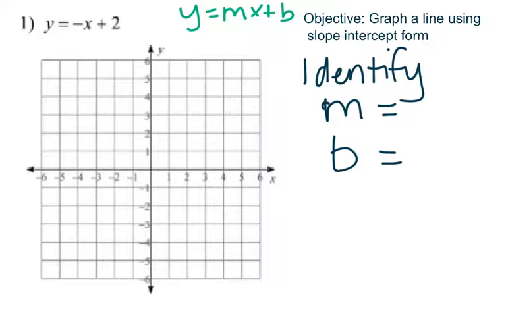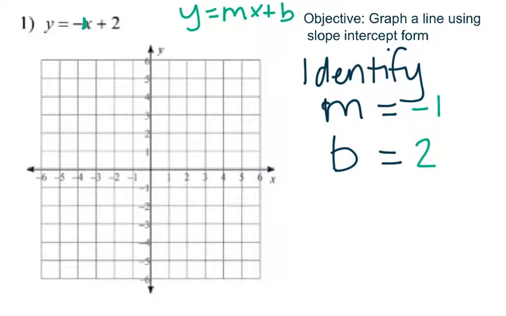For this first problem, our slope, because we have negative x, we have to remember that's actually negative 1x. So our slope here is going to be negative 1. And then our y-intercept is 2. So our b is 2. So that's the first step. Now we can graph our line.